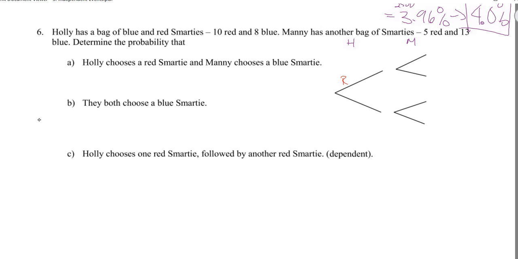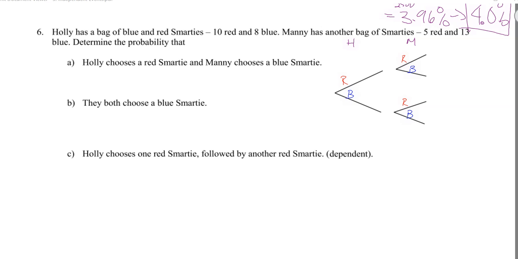So we'll go red, blue, red, blue, red, blue, blue, blue, blue. So for probability: the probability that both are red, the probability that the first is red and the second is blue, the probability that the first is blue and the second is red, and the probability that the first is blue and the second is blue.